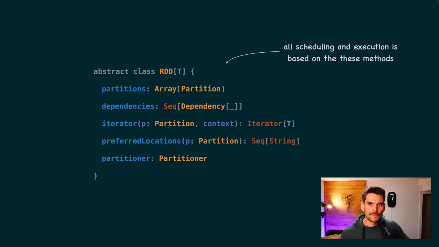And we basically pass around this iterator all the time because we have this lazy evaluation. So we don't actually have records in here, but we pass around an iterator so that we can work on all the records in a partition. And then it also holds metadata about preferred locations. So this data is populated as we transform our RDD. For example, if we have a file load RDD, which is partitioned among our cluster, we would hold preferred locations of the files of the workers where the files reside.